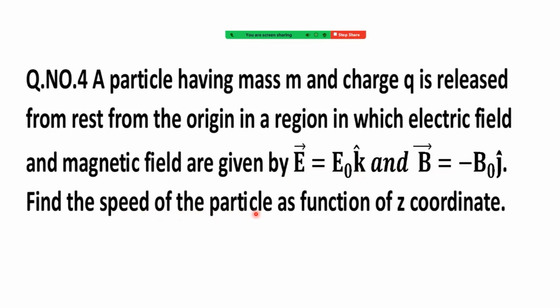Find the speed of the particle as a function of z coordinate. Initially it was at rest, released from origin. See how to solve it. And this question is taken from H.C. Verma.